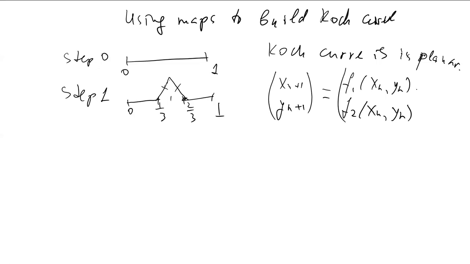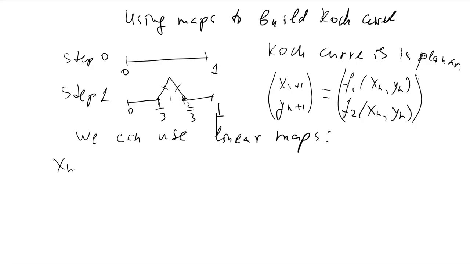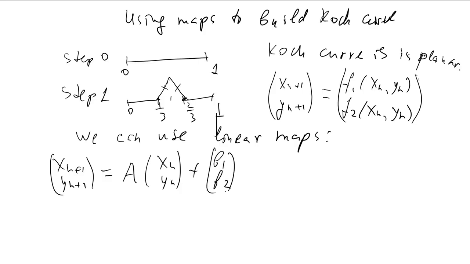So this is 2 dimensions, but we will consider linear maps only, at least for this particular case. Therefore, (x_{n+1}, y_{n+1}) can be represented as some 2 by 2 matrix times (x_n, y_n) plus a vector p, say p1, p2.